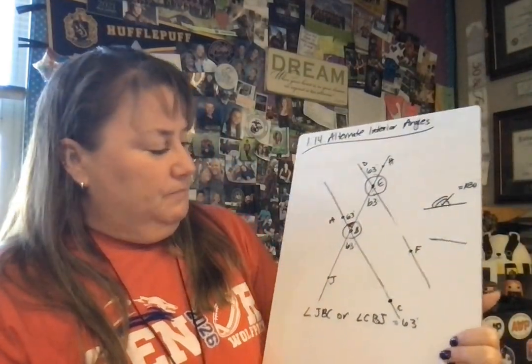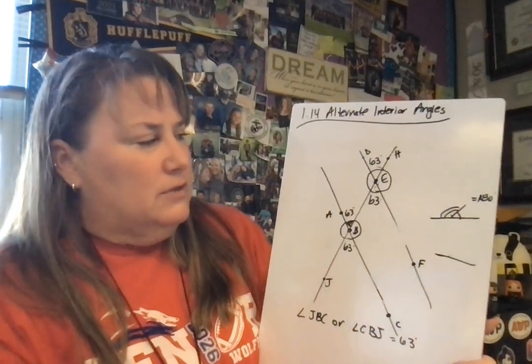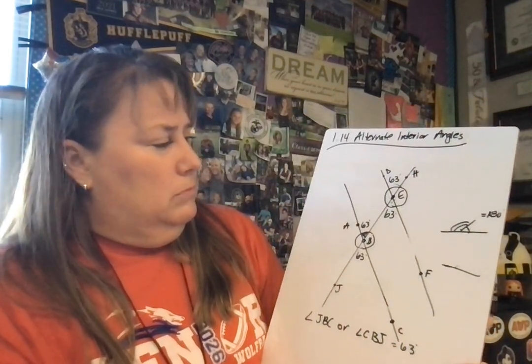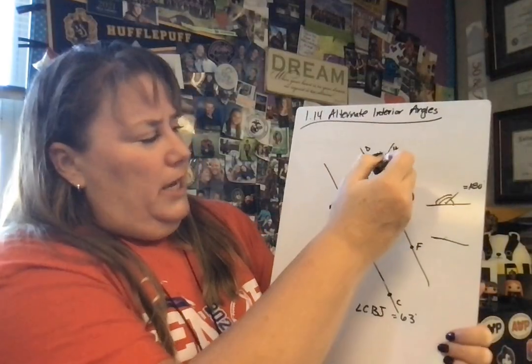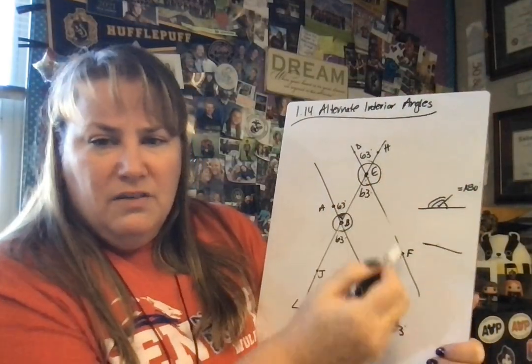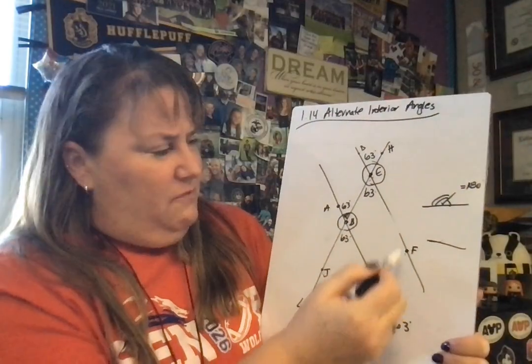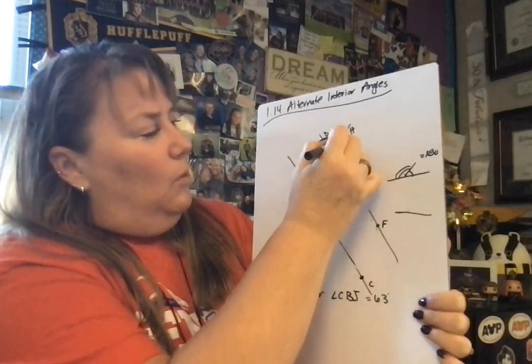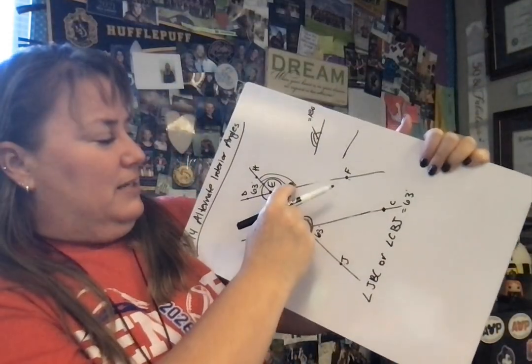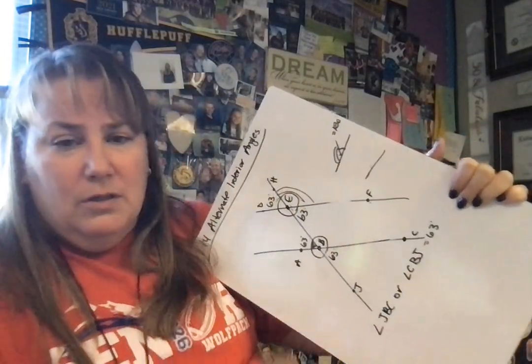Well, here we go. Take any 63 degree angle up here. It doesn't matter. I like that one. HEF, or FEH, whatever. So we're working on this angle. So 63 degrees and this angle have to add up to 180.